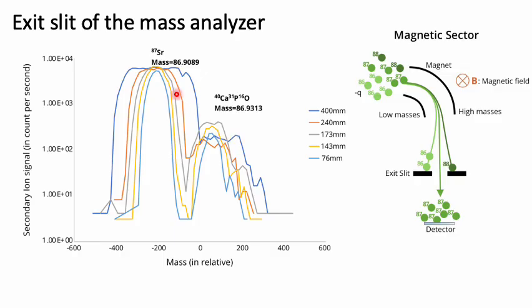You don't want the slit to be too wide because then it lets in too many different things. Even for isobars, there are slight differences in their mass, between strontium 86 and strontium 87 and rubidium 87, but there needs to be a big enough difference that those peaks are resolvable.